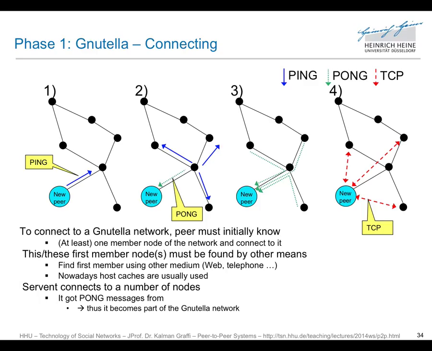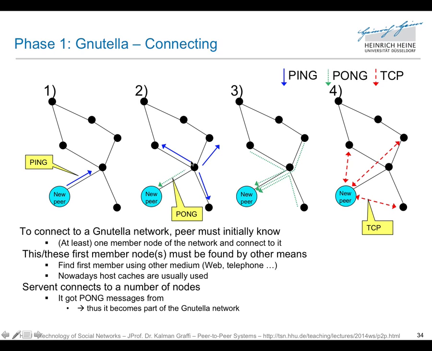First, the connecting. The aim is to join the network and to learn about new nodes and to connect to those nodes, so that you get more and more contacts until you reach a state that you are happy with. So first, the new peer contacts any node in the network and sends it a ping message. The node that was contacted answers with a pong message, which contains the information about it and how it can be contacted, but that's nothing new for you.